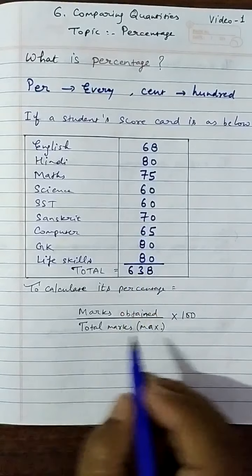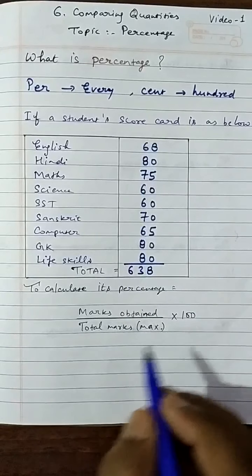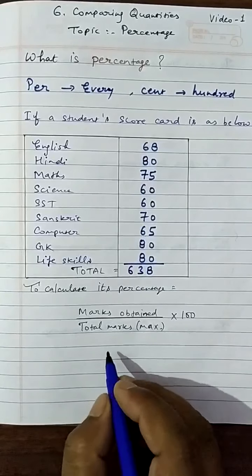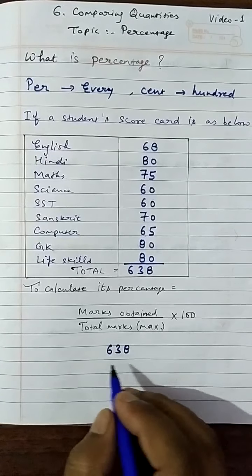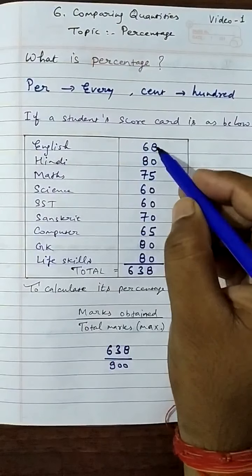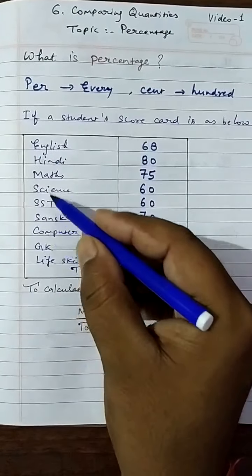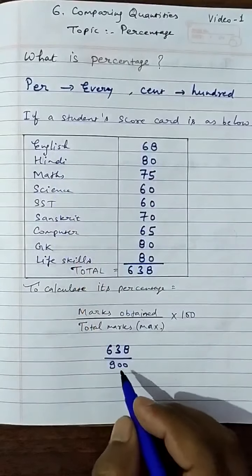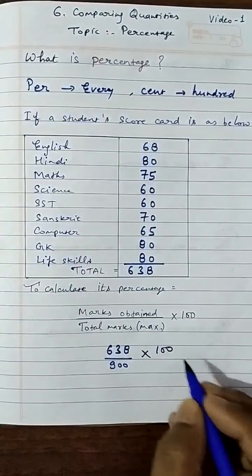Okay, so the formula is marks obtained upon total marks multiplied by 100. Marks obtained is 638. Every subject's maximum marks is 100. Then we have 9 subjects here: 1, 2, 3, 4, 5, 6, 7, 8, 9. So we have 900 as maximum marks into 100.